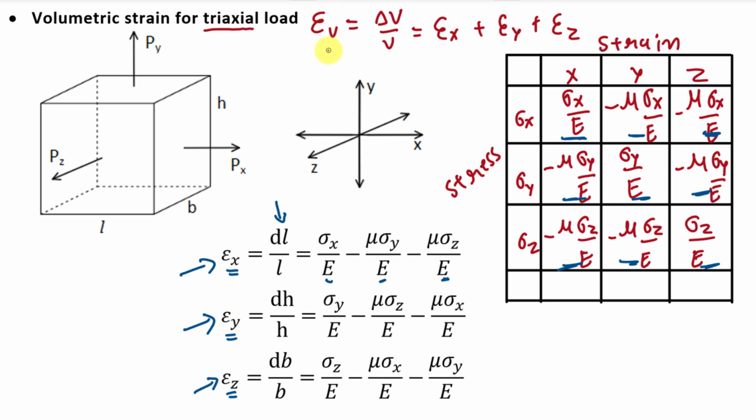Now finally our intention is to find out the volumetric strain. That is epsilon V is equal to delta V divided by V, that is epsilon x plus epsilon y plus epsilon z, right? And here we have the values of epsilon x, epsilon y and epsilon z. So now we have to add all these strains.